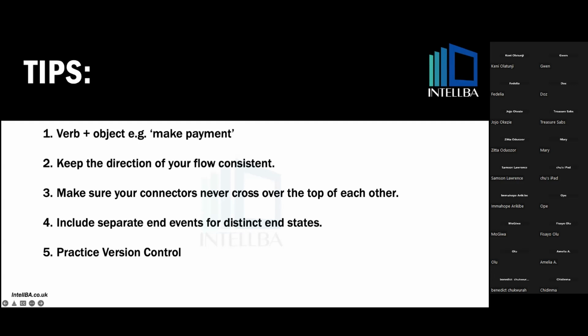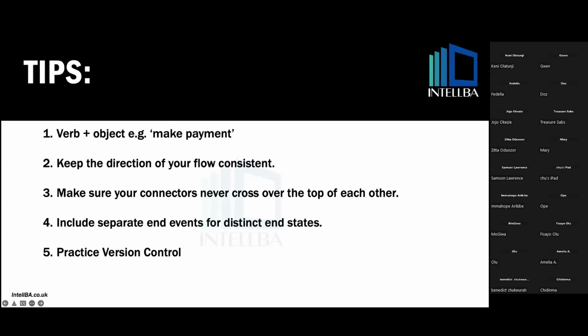So practice version control. If you have the first draft of your as-is process map and you send it for validation, or you do a walkthrough with a business, and you make any change, don't override the previous document. Save it as version 1.1, 1.2, 1.3, so that you can always revert back to the first and make any correct changes if you need to.